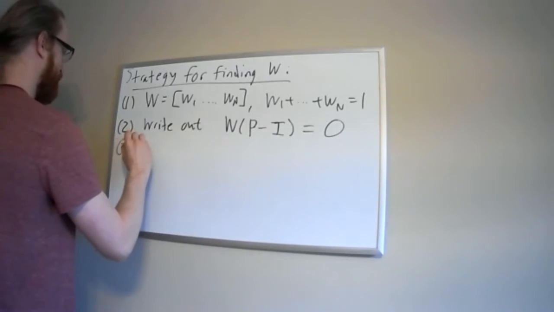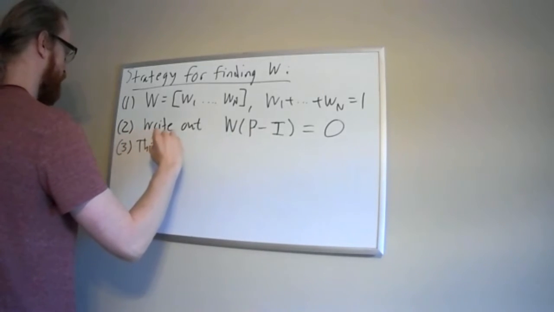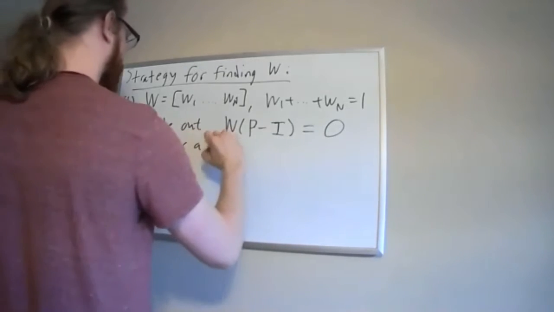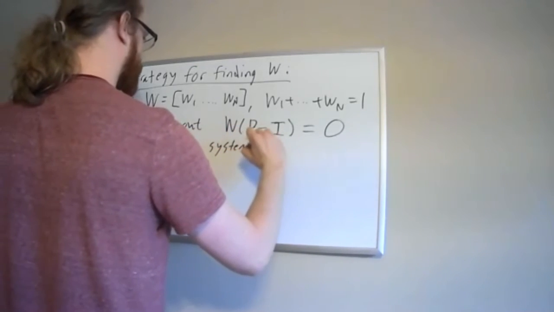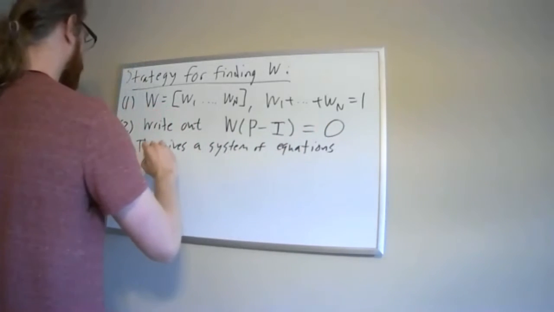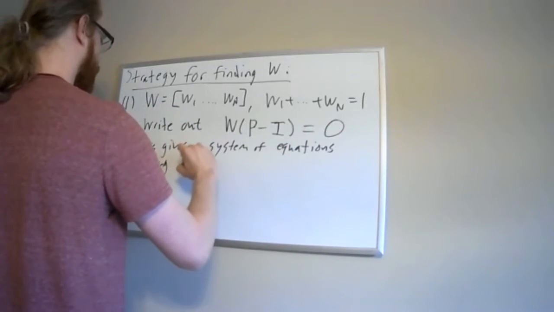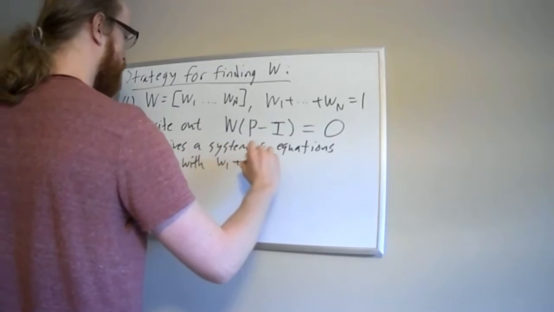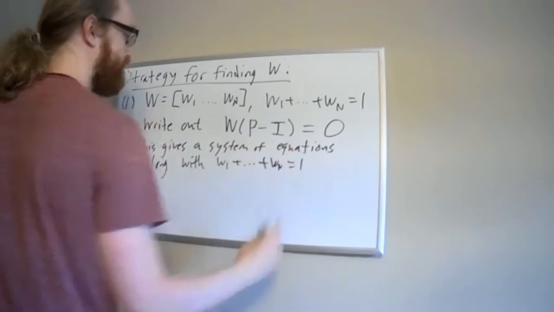So this gives a system of equations, along with the additional equation, which tells us that the sum of the W's is 1.